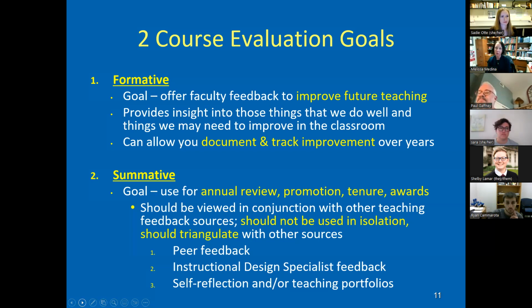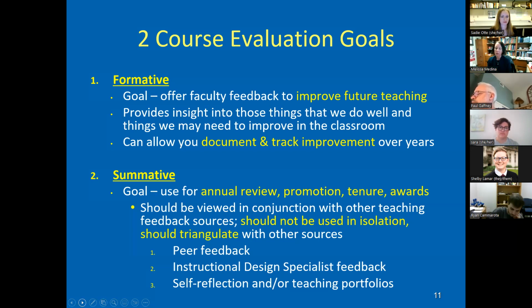So one bad course evaluation is certainly not going to hinder your ability to get promoted. But if you consistently are experiencing low course evaluation scores and comments, it starts to raise the question of what is going on and what efforts are you doing to fix that process. So one bad course evaluation is not going to be a kiss of death in most institutions, but regular and consistent poor course evaluations can be a problem.